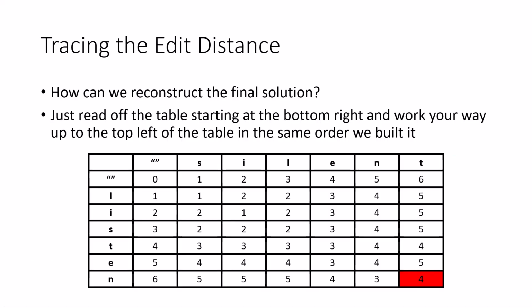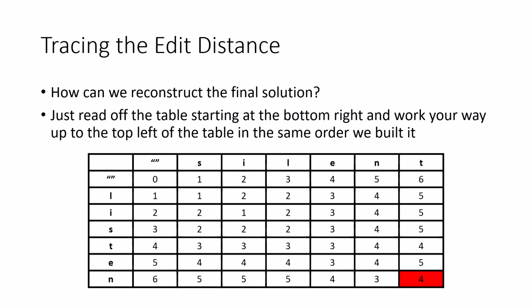So that was great, but similarly with the first problem, the rod cutting problem, I also want to know how to actually trace the edit distance. Sometimes it's nice to know what characters I had to insert, what characters I had to delete, and what I specifically had to substitute to get from one string to another string.